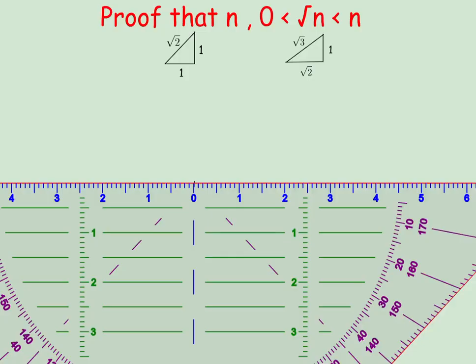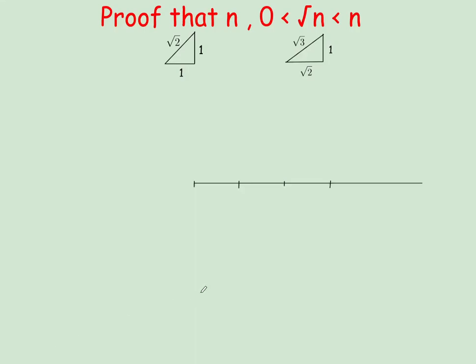And with my ruler, I'm going to take note of where I have my 1. So this is where I have my 1. And also take note of where I have my 2 and then 3 as well. So if you have your ruler, you can do that along. So with these, we are going to base on the Pythagorean theorem to do what we want to do.